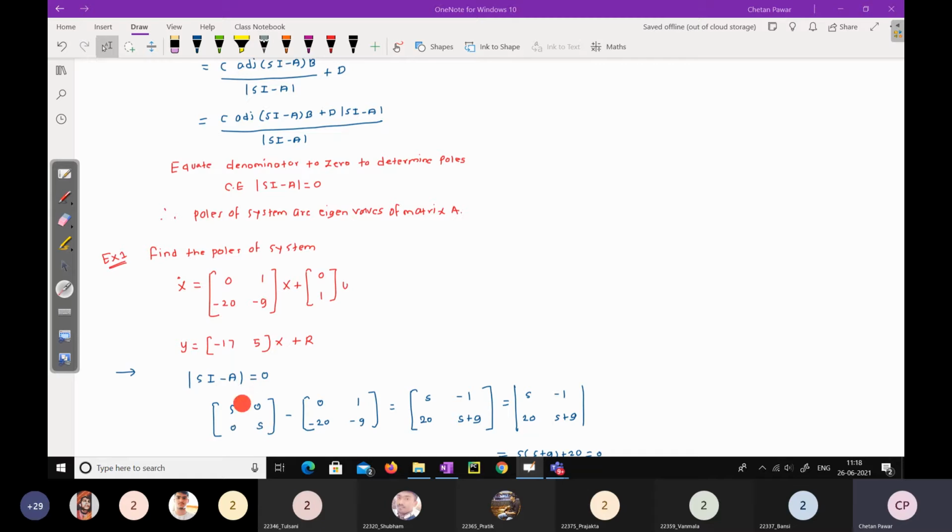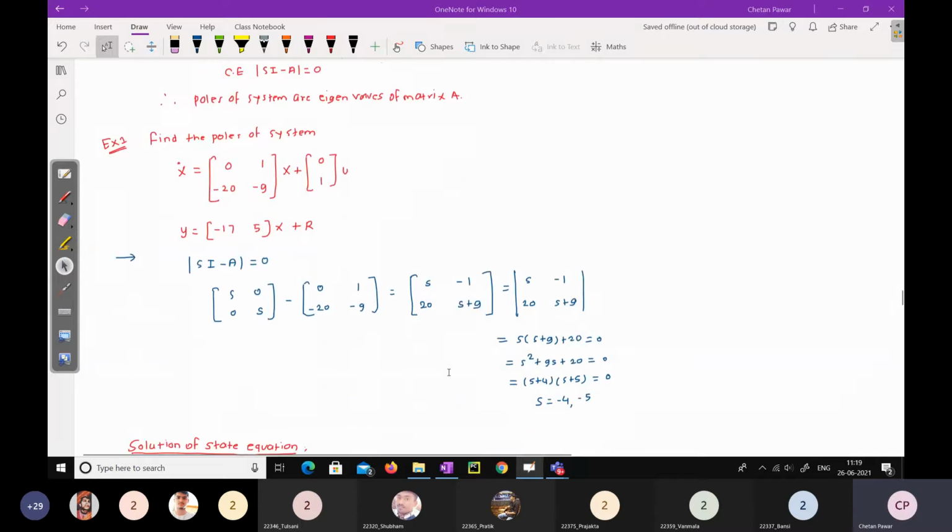This is the sI matrix, this is the A matrix. Doing the matrix subtraction, you get this matrix: s minus 1, 20, s plus 9. Now I take the determinant of it, and I get this particular equation.